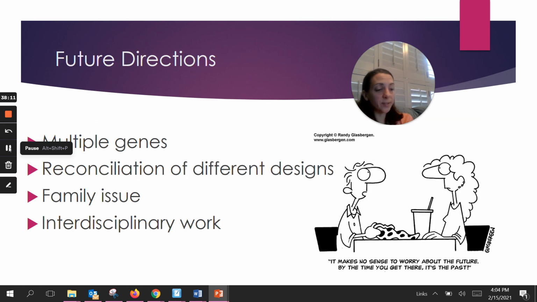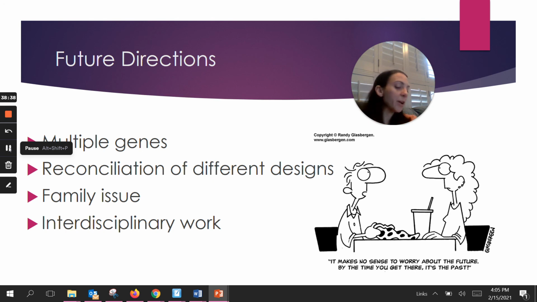So, future directions. Multiple genes. We have to understand how multiple genes impact development. We have to reconcile different designs across different approaches, and the GWAS is one of the ways to do this. Family issues: the importance of including both parents' and children's genes to understand the transmission of genes and parenting behaviors and how they contribute to disruptive behaviors.